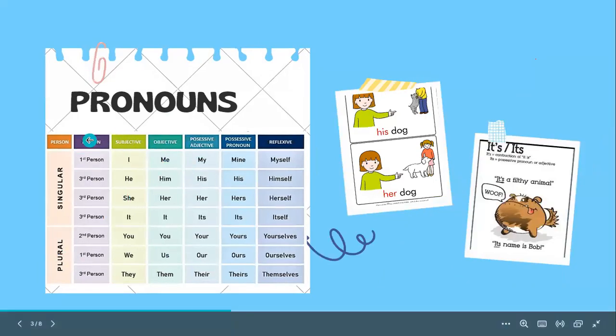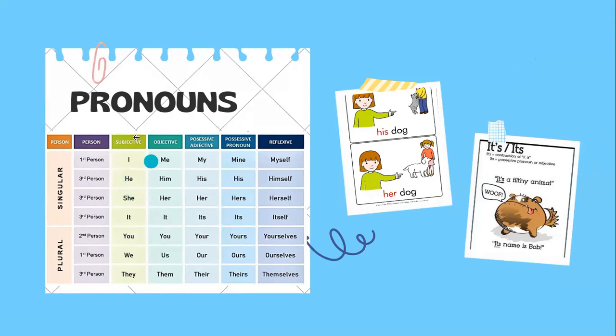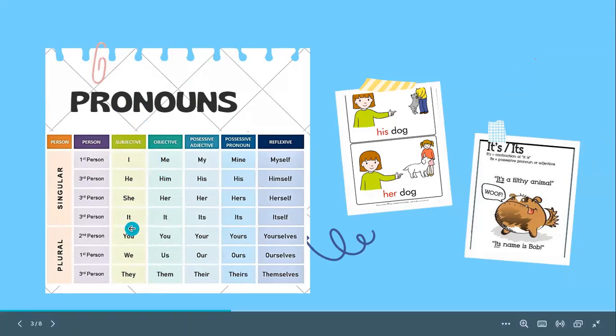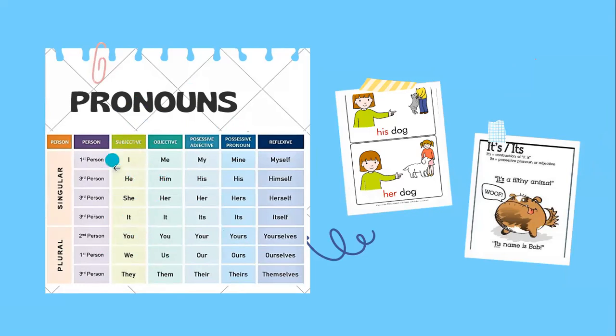There are subjects and objects, possessive adjectives and possessive pronouns. Firstly, of course, we all know what our subjects are. So if there is I, its pronoun version is mine. And if we are using the possessive adjective form, we have to say my. You can see on the screen this example, his dog, her dog.